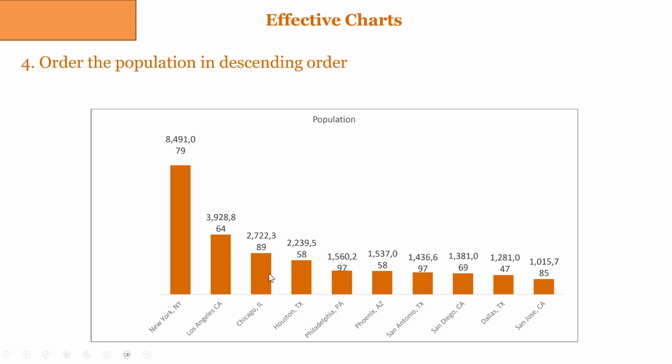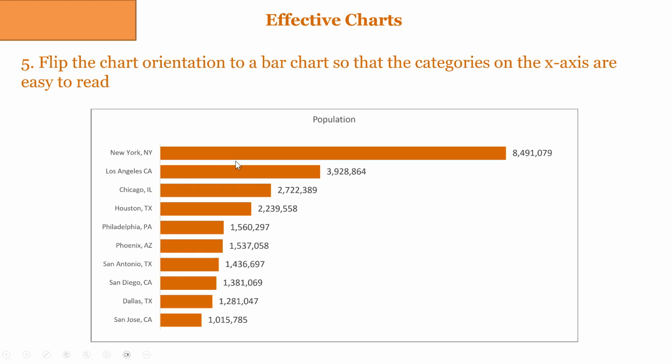You have to bring the mind of whoever is going to go through your report, and take them through this particular journey. So here we have ordered the population in descending order. And then we flip the chart orientation to a bar chart so that the categories on the x-axis are easy to read.